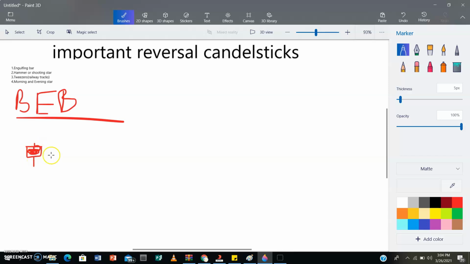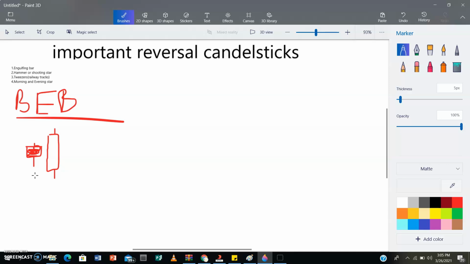So this is a bearish candlestick, and comes the bullish engulfing bar. So basically, it's called the bullish engulfing bar because it has got this big bullish candlestick right next to a small bearish candlestick. This is what is called a bullish engulfing bar.